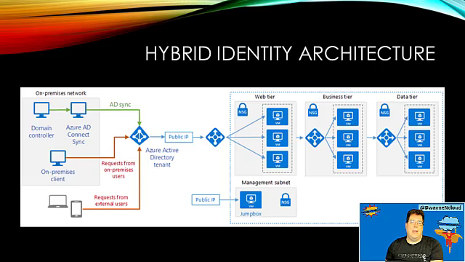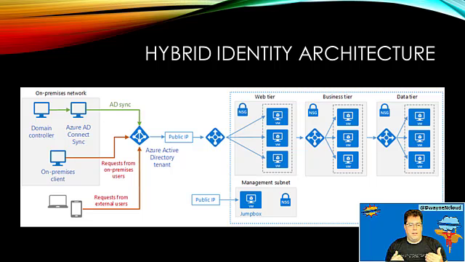Azure Active Directory handles and supports many of those cloud services and the ability to federate and provide access management to those cloud services. But how do we tie in the on-premises environment so that we can have a single sign-on experience for our user environment? That's where this hybrid identity architecture comes from. You can see in this slide, this expands it out to another level.